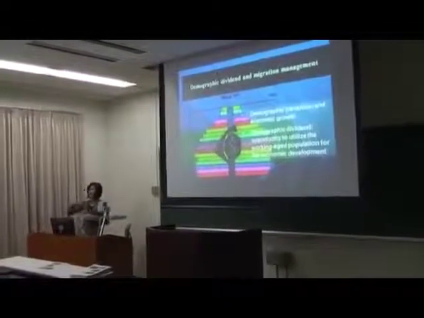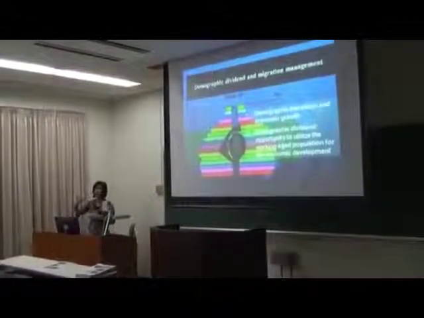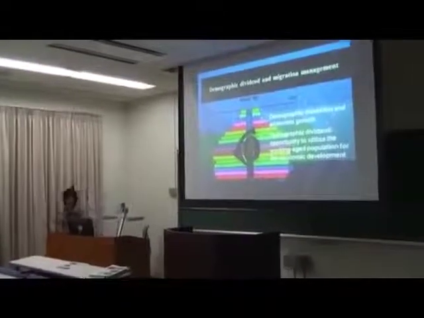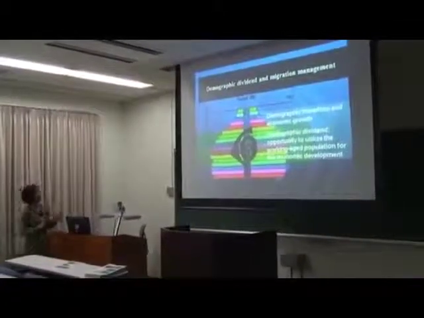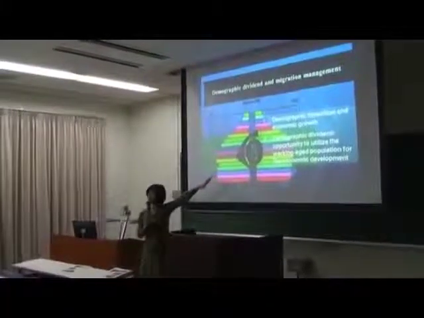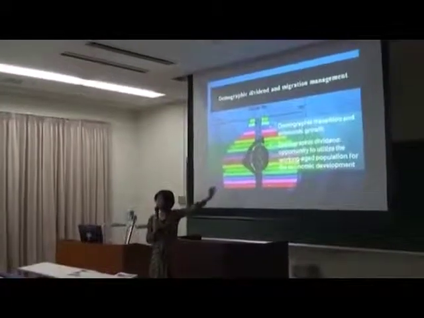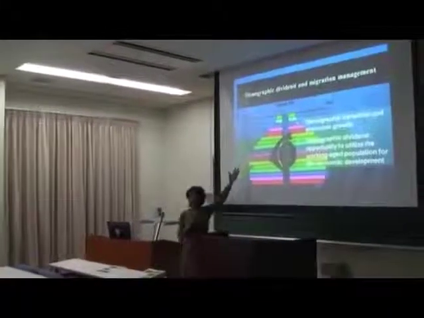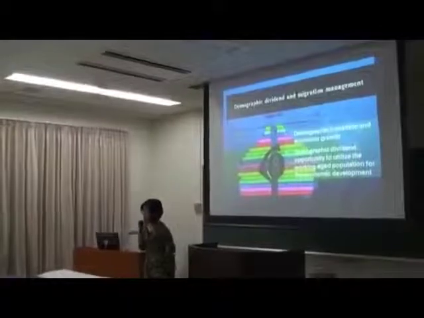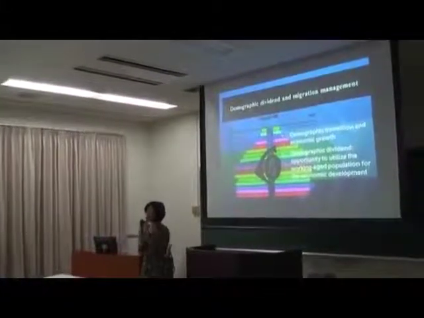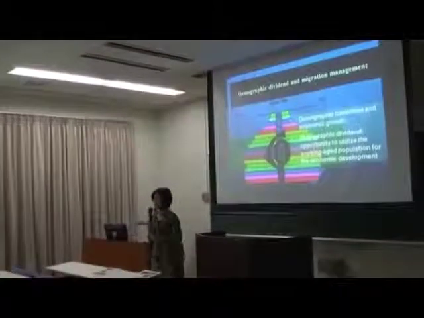This is another one to give you a better understanding. In this part, I put a dollar sign to tell you that these people in the working age are very important, both for the first and for the second demographic dividend.